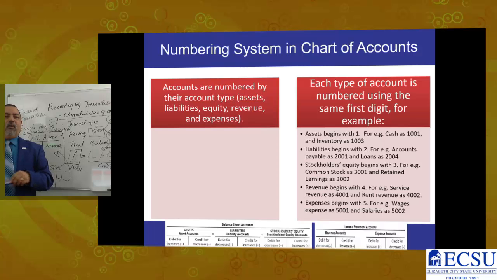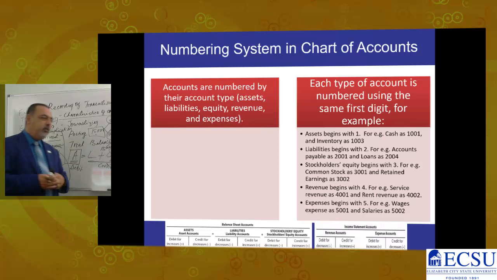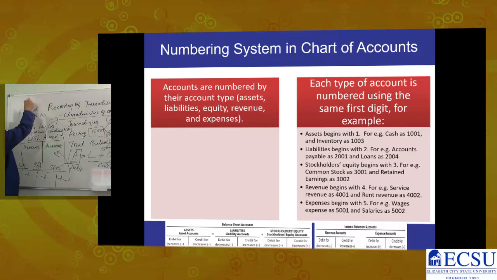All right, now next thing we are going to move on. This is an important concept. Accounts are numbered by their account type. So you have to understand that concept very, very clearly. That is, if you are having an asset, that number will always start with 1.